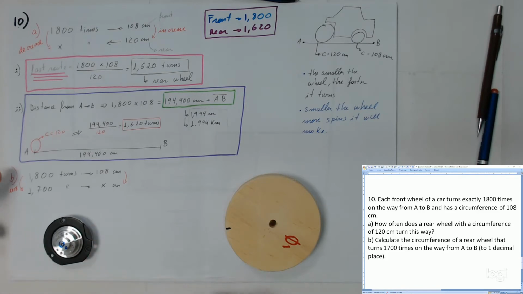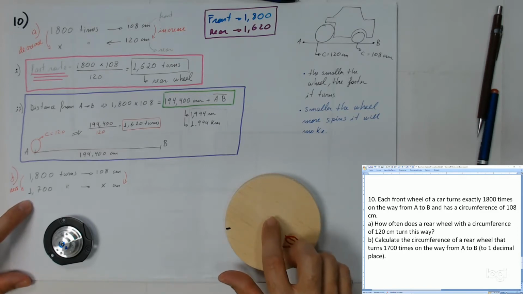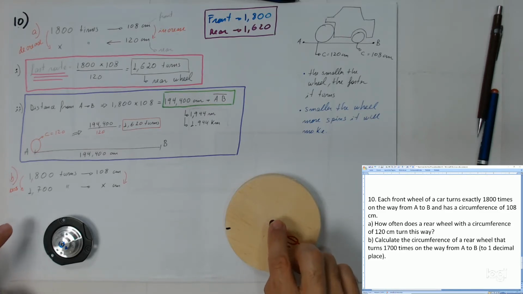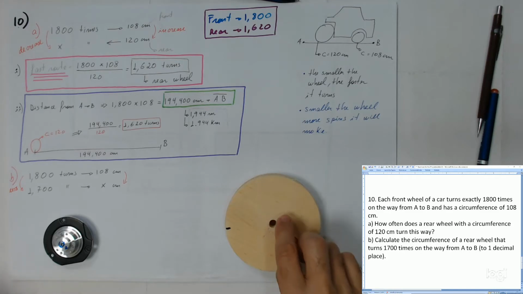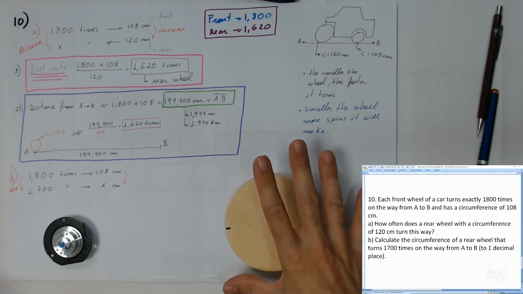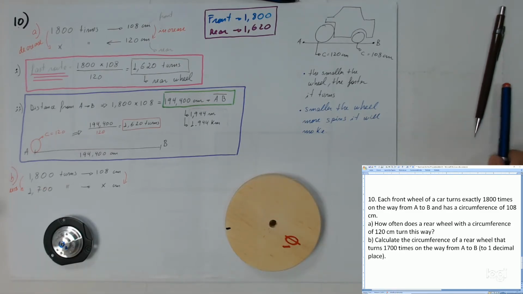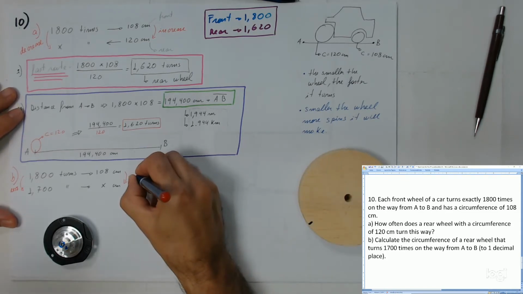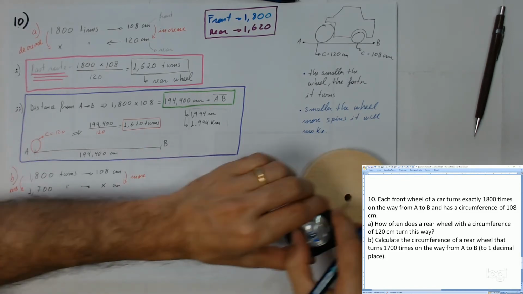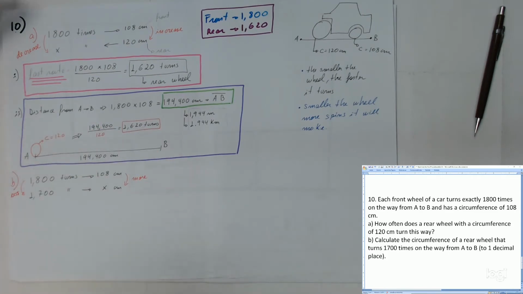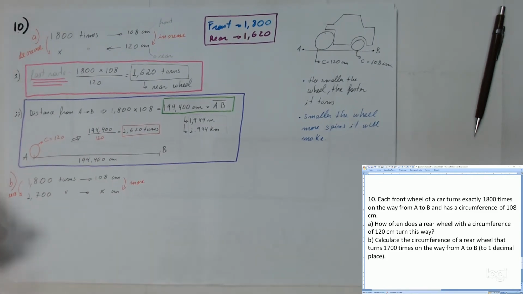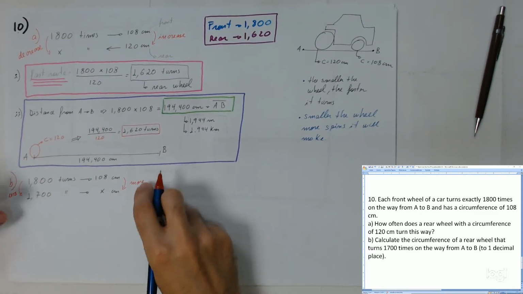So if it needs to be less turns, it is going to be the big guy. This is going to make less turns. Therefore, you are going to have to increase this diameter. Less turns, this must be more. Again, the principle in here is reverse.